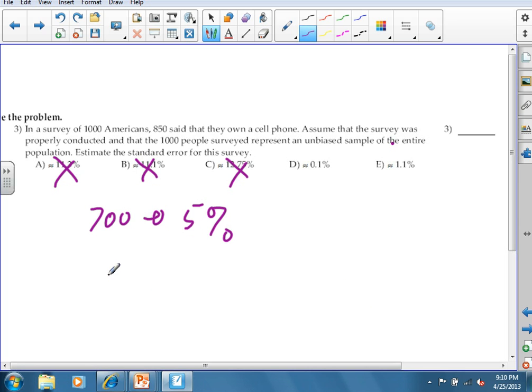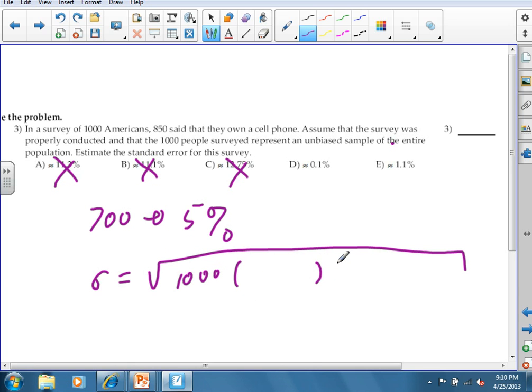Okay, so we got to calculate the standard deviation, square root of the sample size times the probability that they say yes. 850 divided by 1,000 times the probability they don't say yes. 850 divided by 1,000.